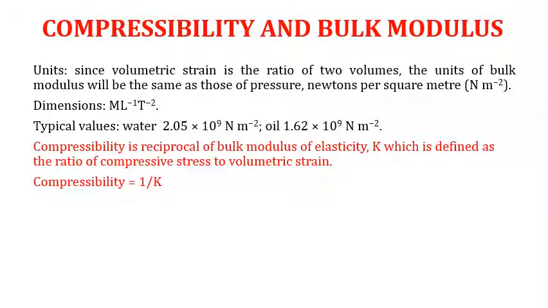As volumetric strain is a ratio of two volumes, the bulk modulus will have the same units as that of pressure, which is Newton per meter square, and same dimensions. No need to remember the typical values. Now the compressibility is basically the reciprocal of bulk modulus of elasticity, and that is 1 over K.